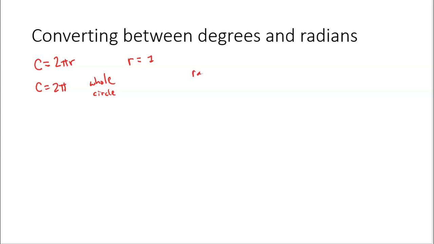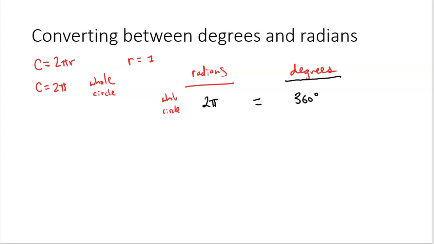So a whole circle in radians would essentially be 2 pi. In degrees, a complete rotation would be 360. So we're going to say that these two are equal.